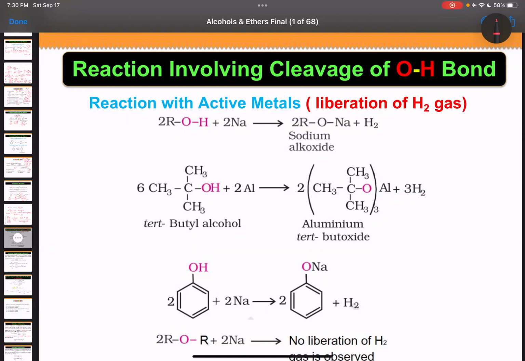Tertiary actually give H plus with a bit of difficulty, because they are more electron donating. So if you have more electron donating groups, the O minus is going to become unstable, and alcohol acidic strength decreases, right?